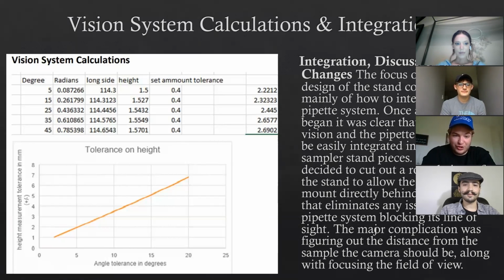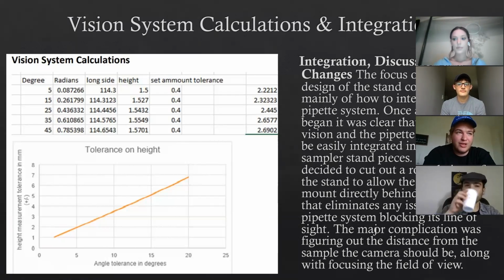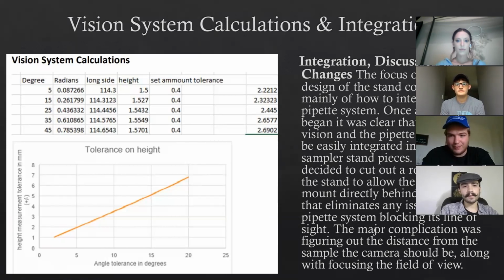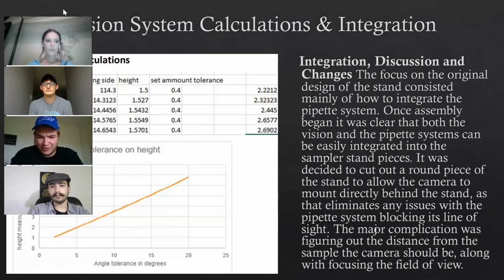For the vision system, we set it up in such a way that it was able to work with the pipette squeeze and also the sampler stand. The idea came from talking around and listening to what other teams were planning. They were overcomplicating it, in my personal opinion, with multiple stands and setups that would take up a decent bit of room.